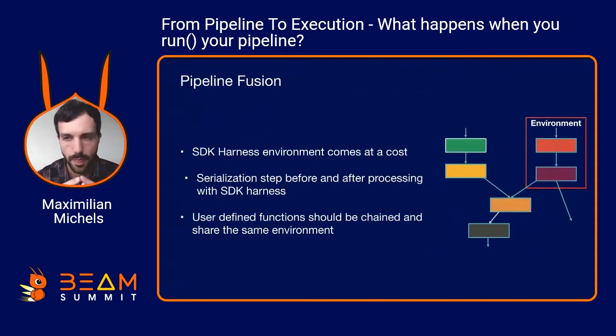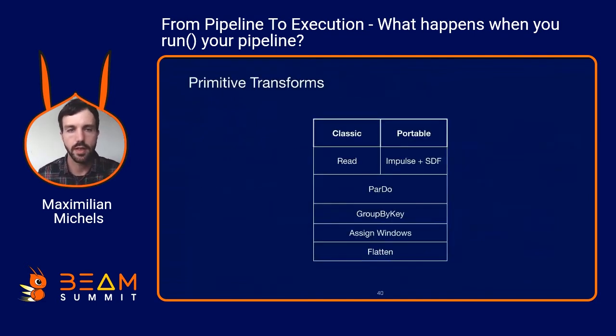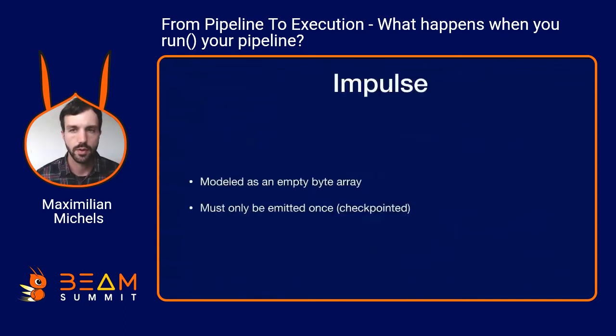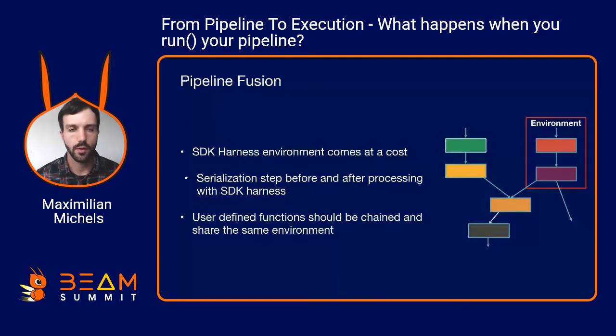So finally, let's take a look at pipeline fusion. If we were to just use ParDo operations, like we saw here, and we had a lot of them with different languages, it would be really inefficient to bring up a Python process for every ParDo. In order to optimize that, we use pipeline fusion.